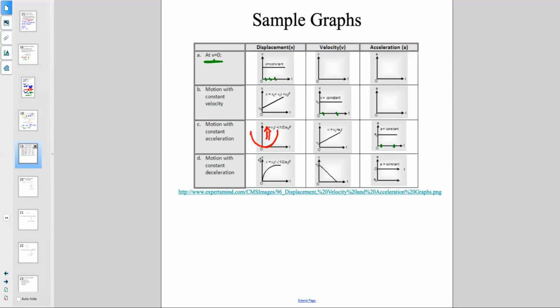But the curvature for this one is down. This one has a positive slope. This one has a negative slope. But the acceleration is constant. So whatever the acceleration is at this point is exactly the same as at this point.